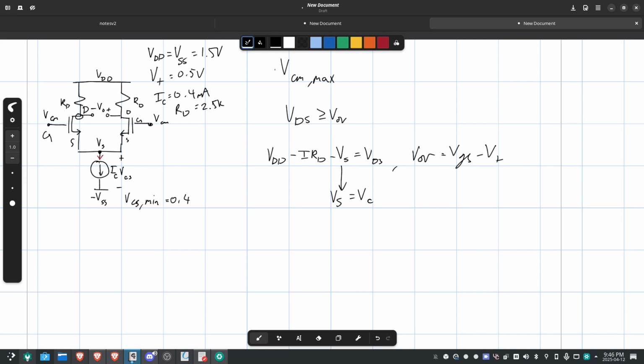VS is VCM minus VGS, right? It's the same process as before. VCM minus VGS is VS. And now these two VGSs cancel out, right? So now we can write in VDD minus IRD minus VCM is equal to negative VT.